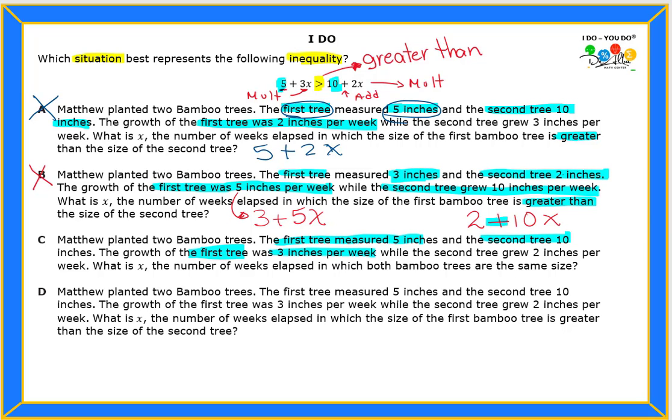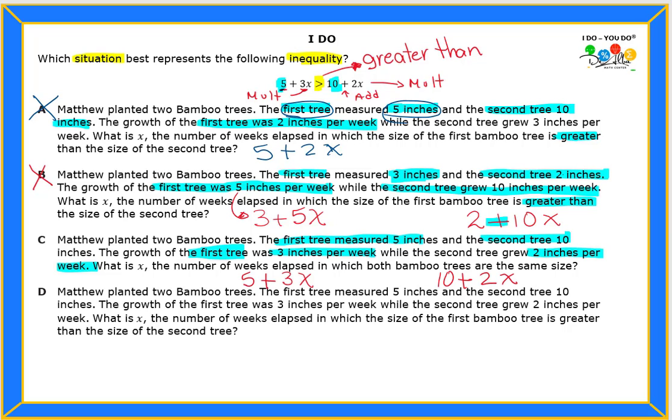So what would that be? It would be 3x, since we're talking about the first one, it will be 5 plus 3x. Okay, very good. So far, so good. Next one says, while the second tree grew 2 inches per week. So 2 inches per week will be 2x, and the second tree had a height of 10. So that looks good so far, right?